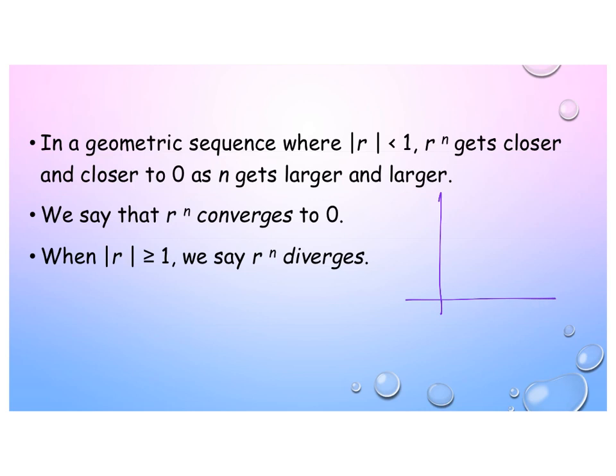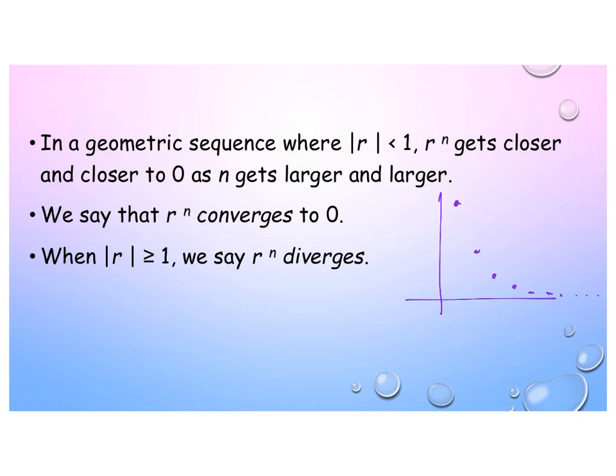If I start with the number 8, and my r is 1/2, when I multiply 8 times r, I get 4. And then I get 2. And then I get 1. Then I get 1/2. So you can see that my values are going to get closer and closer to 0. So they converge to 0.